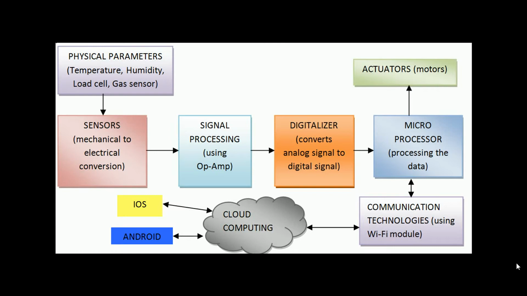Using the minute analog values from the sensors, we send the data to the signal processing unit, where there is an operational amplifier which amplifies the signals. Then the signals are transmitted to a digitalizer, which converts the analog data to digital data by sampling and quantization, and forwards it to the microprocessor.